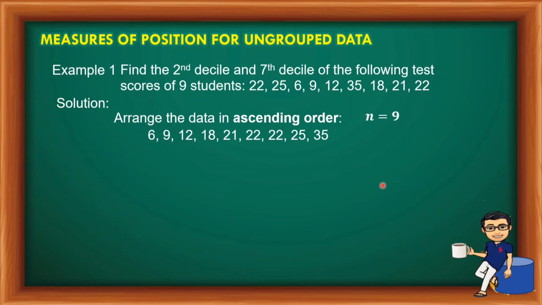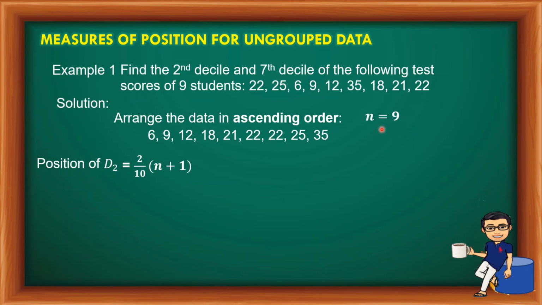Afterwards, we need to look for n. Ang n, kung ilan yung test score na binigay, 1, 2, 3, 4, 5, 6, 7, 8, 9. So therefore, n is 9. Then we look for the position of decile 2 since we're looking for the second decile. Gamit yung formulang pinakita kanina, that's 2 over 10 times the quantity n plus 1.